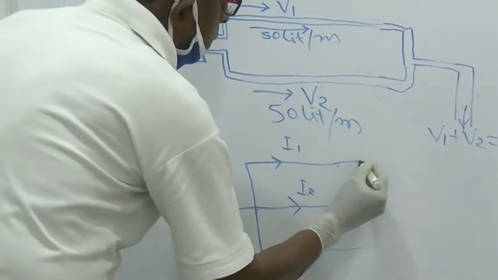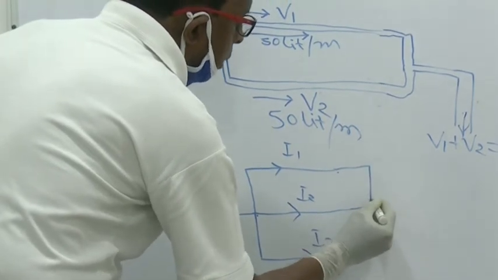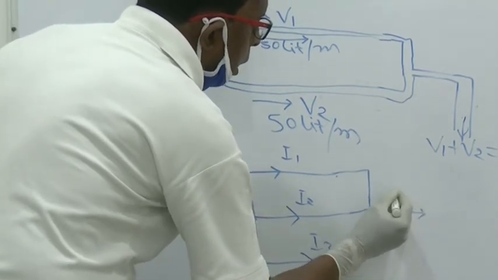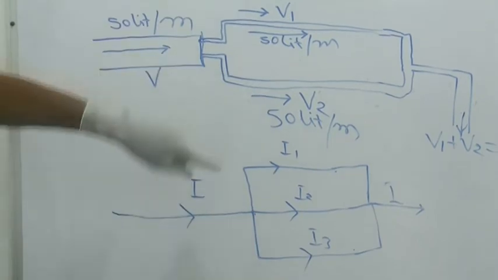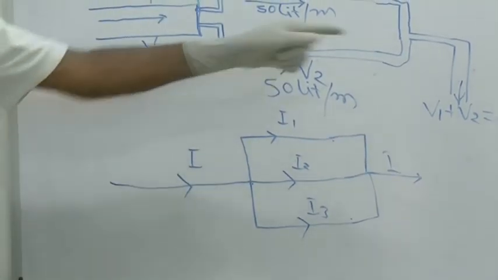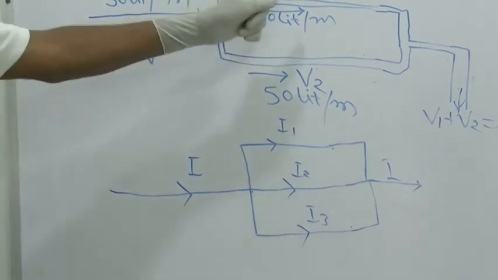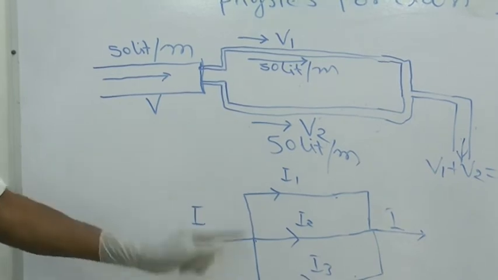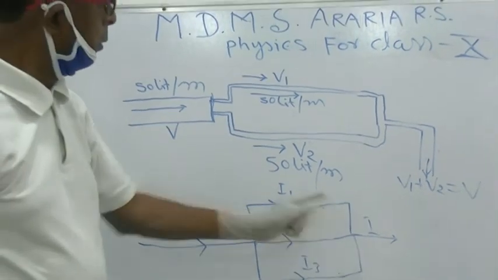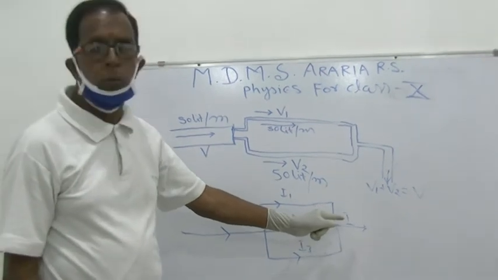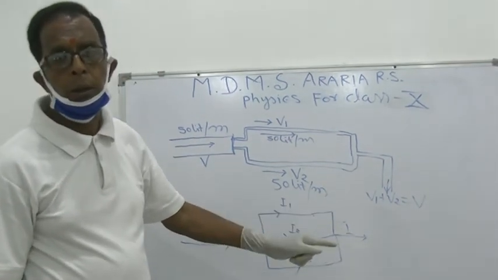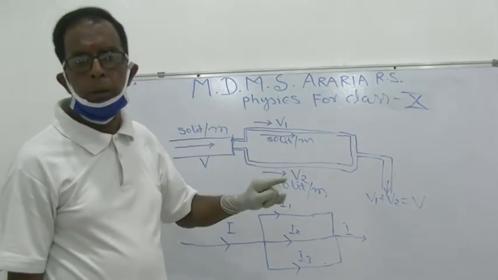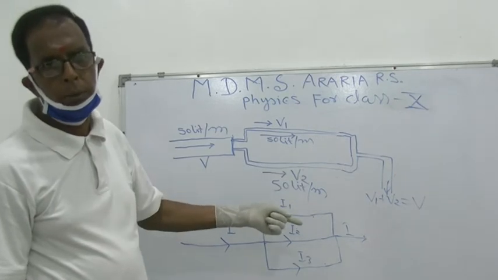And after coming here, all are connected with each other, and again the total current is coming out, I. Like this, V1 plus V2 is equal to V. The current I is split into I1, I2 and I3, and after that, when the 3 routes are connected at one place, the current is I. These 2 similarities we see in electric current similar to the water.